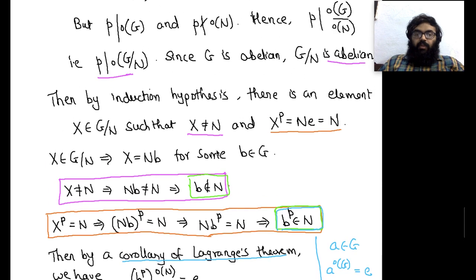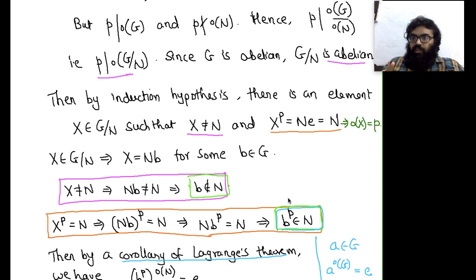Here we got x belonging to G quotient N, x is not identity and x power p is N, and p is prime. So that means order of x is p, right? Why does it imply order of x is p? X is not identity, so the order is greater than 1.